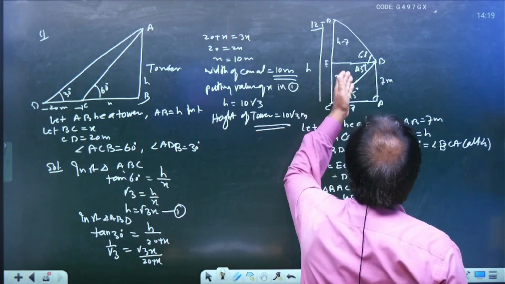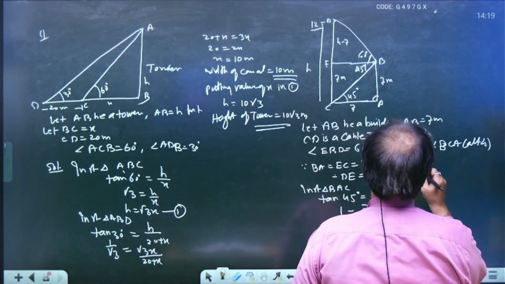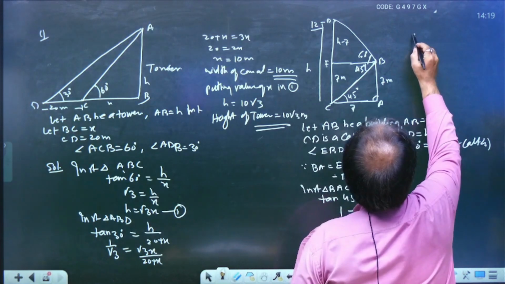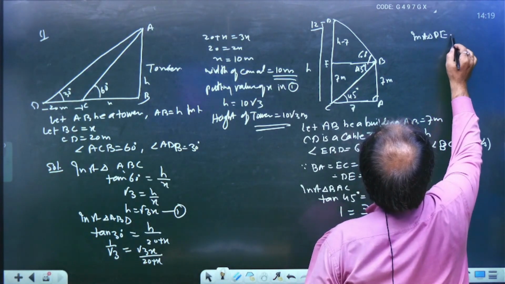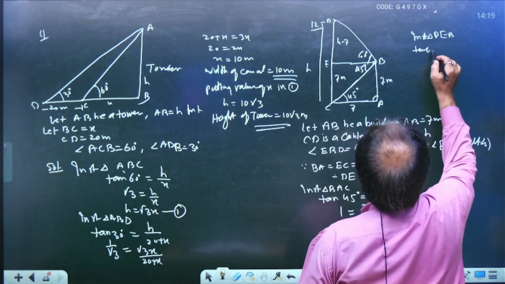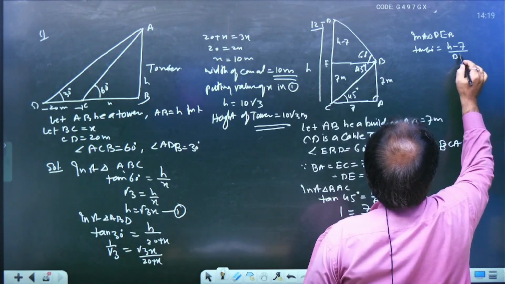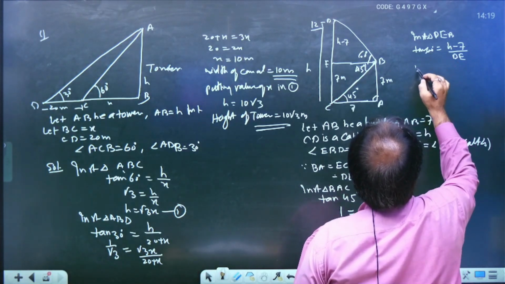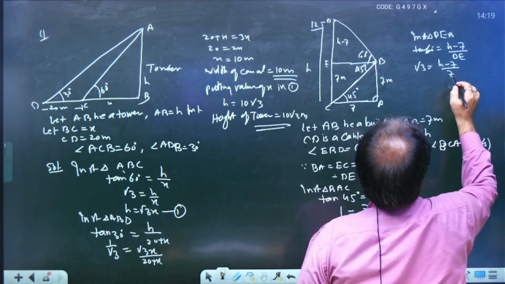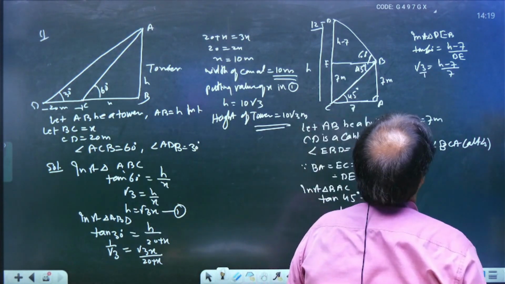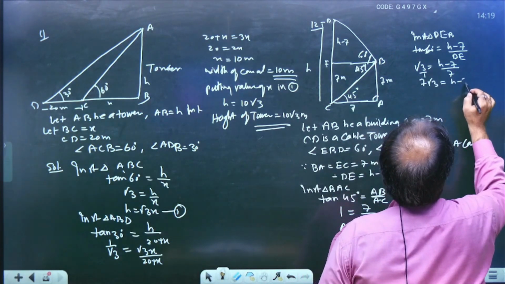And now move in this right triangle, to calculate H. So in right triangle DEB, tangent 60 degree is equal to H minus 7 upon BE. Tan 60 is root 3, and H minus 7 upon 7. The value of BE is 7. So by cross multiplication, 7 root 3 is equal to H minus 7.